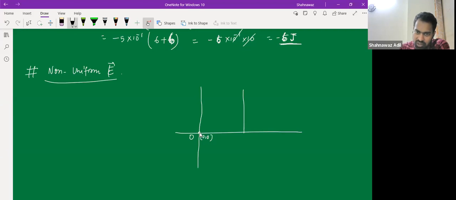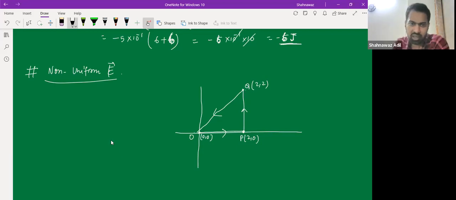And we bring this charge from O to P. So this P is 2, 0, and then we bring this charge from P to this point Q. So this is 2, 2 point, and then we bring this charge back to this point. So Q to O. So we are going first O to P, then P to Q, and Q to O.